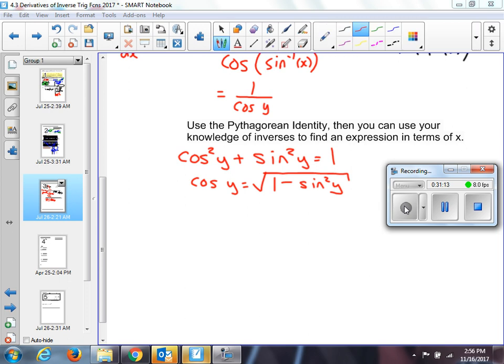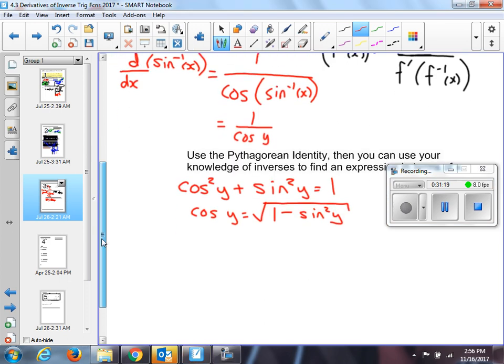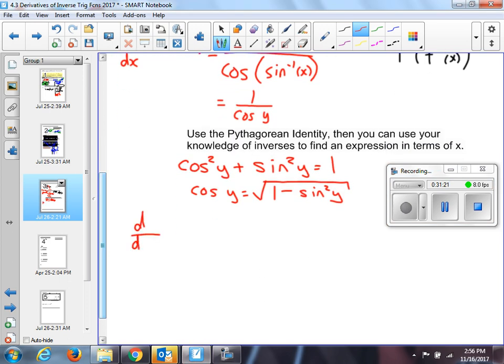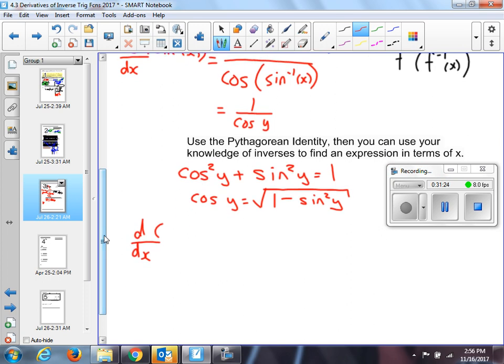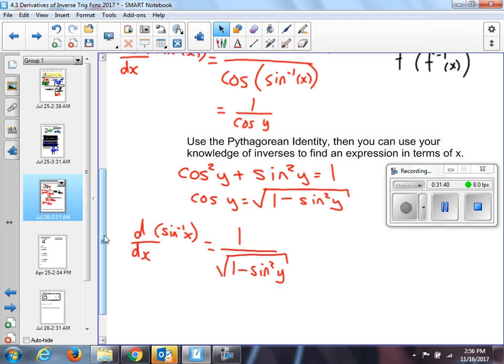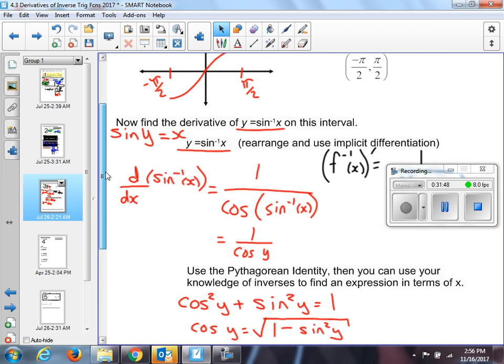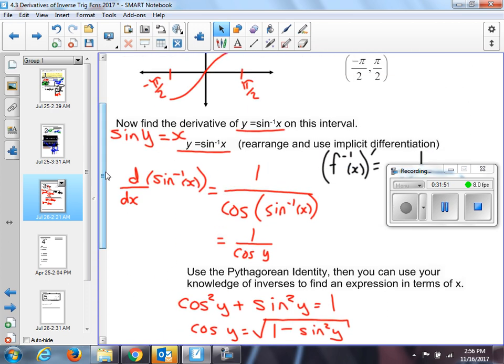Okay, so then the derivative of the inverse. Back from here, I'm going to use d by dx of the sine negative 1 x. The inverse is equal to, instead of 1 over cos y, 1 over... Okay, y is equal to the inverse, right?